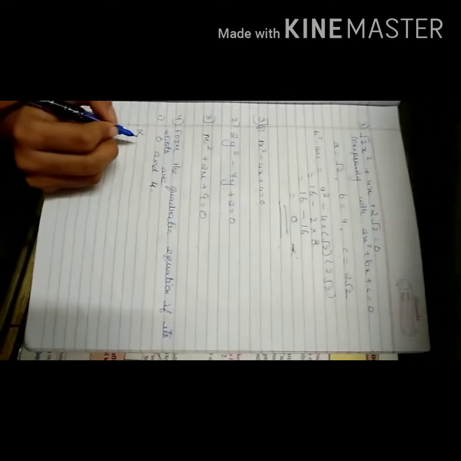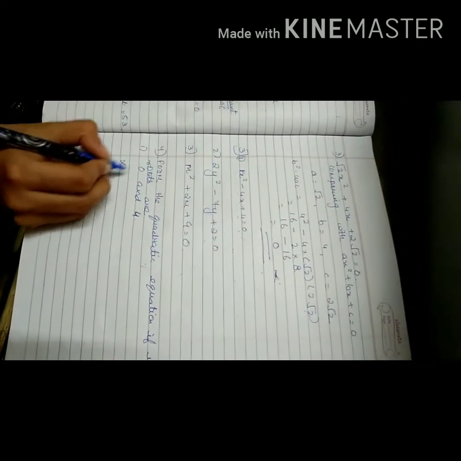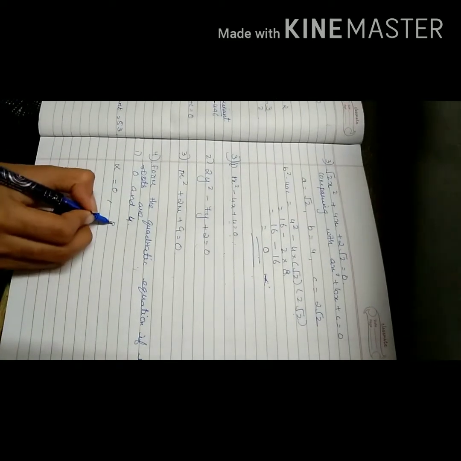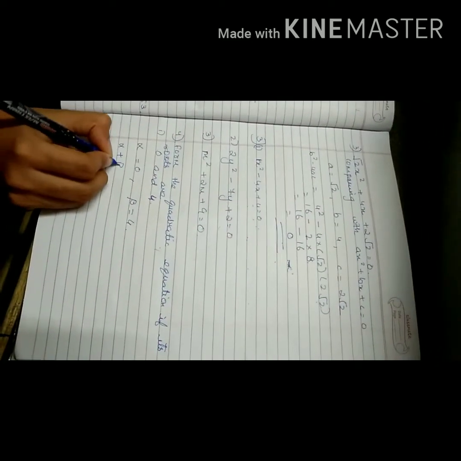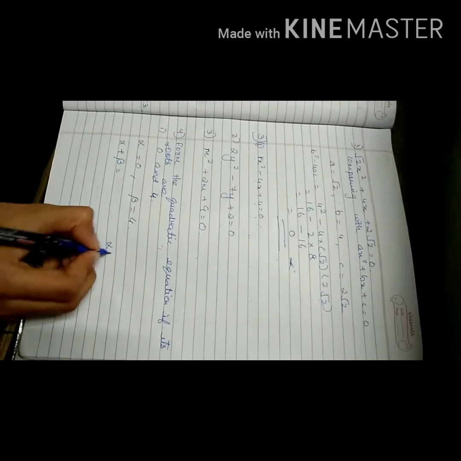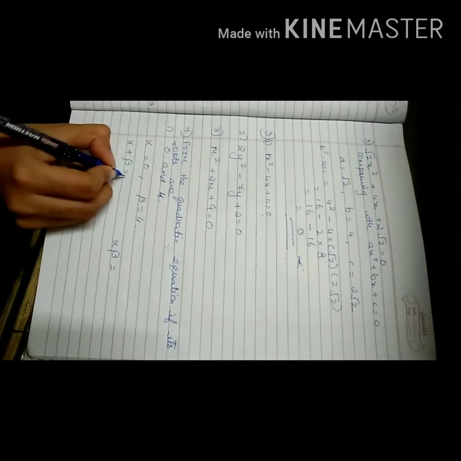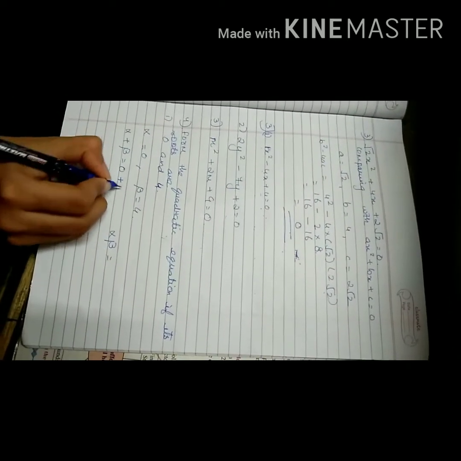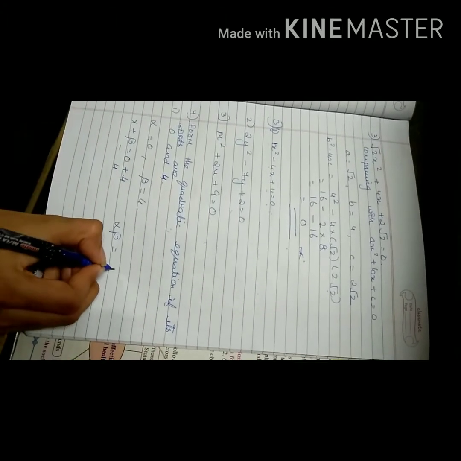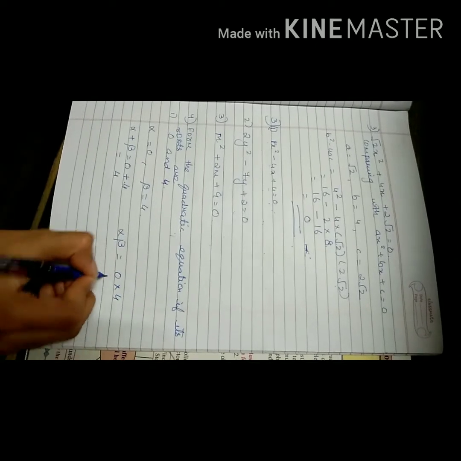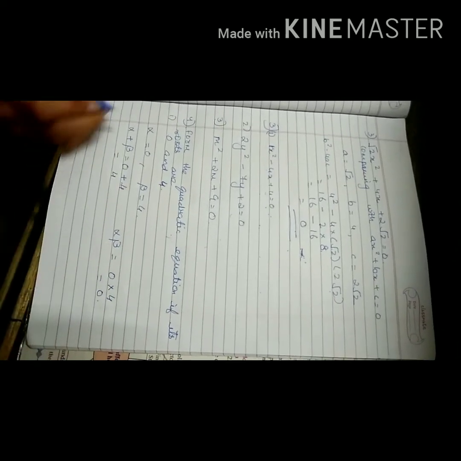So let the two roots be alpha and beta. Now value of alpha is 0 and value of beta is 4. First alpha plus beta and next is alpha into beta. Alpha plus beta, value of alpha is 0, value of beta is 4. 0 plus 4 which is 4. Alpha into beta, that is 0 into 4 which is equal to 0.